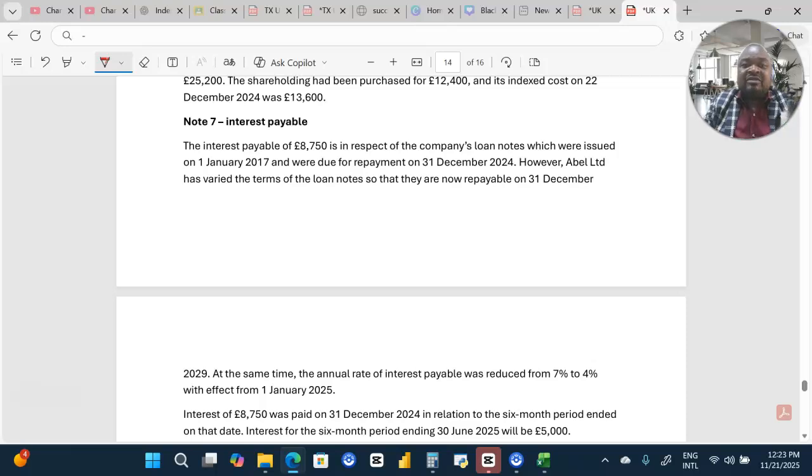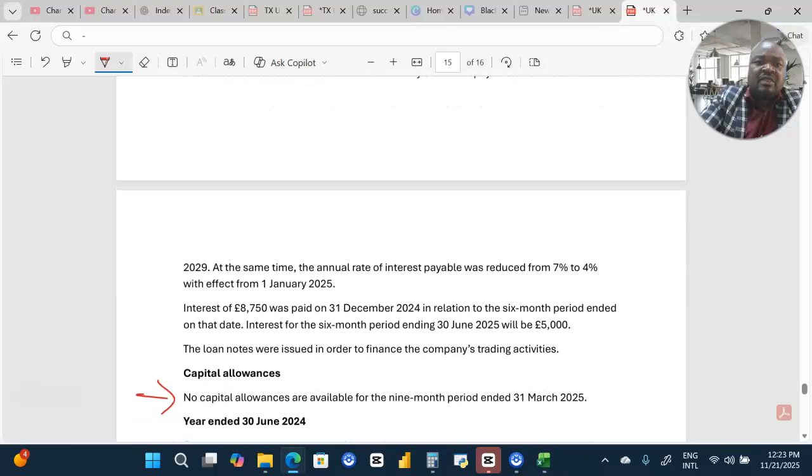At the same time, the annual rate of interest payable was reduced from 7 to 4% with effect from 1 January 2025. Interest of 8,750 was paid on 31 December 2024 in relation to the 6-month period ended on that date. Interest for the 6-month period ending 30 June 2025 will be 5,000. The loan notes were issued in order to finance the company's trading activities.